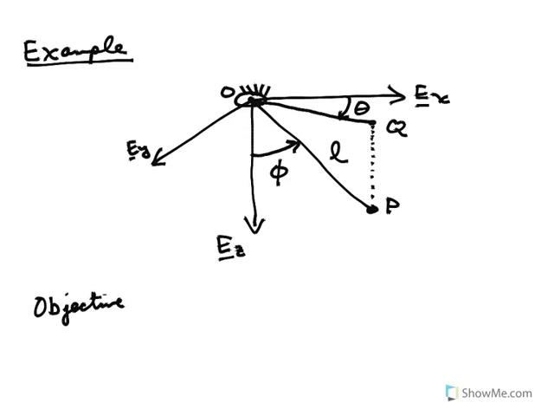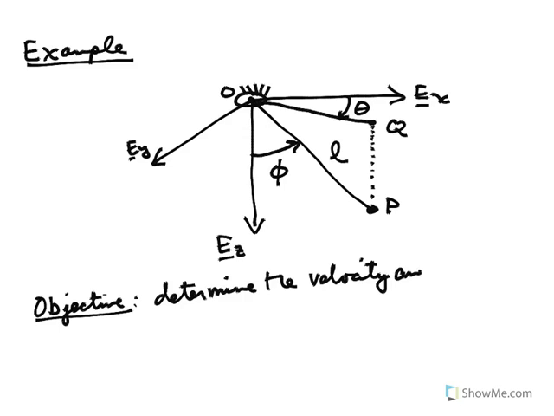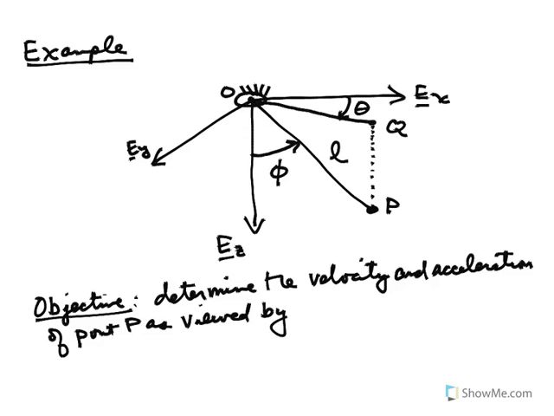The objective is to determine the velocity and acceleration of point P as viewed by an observer fixed to the ground.